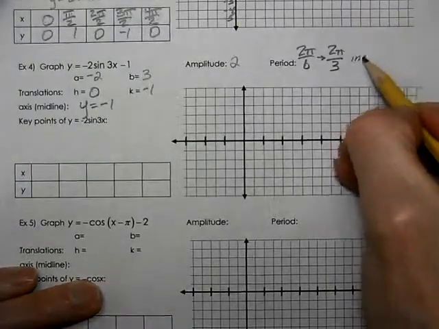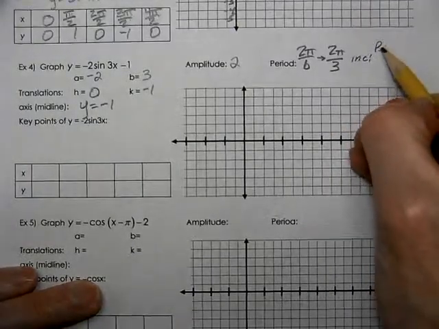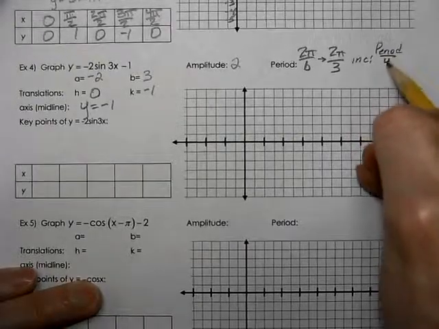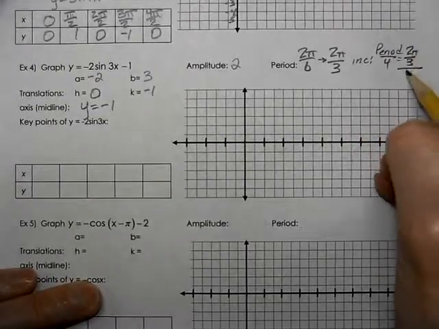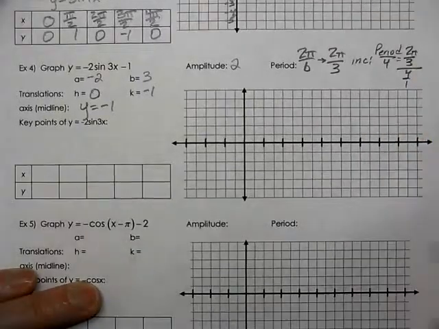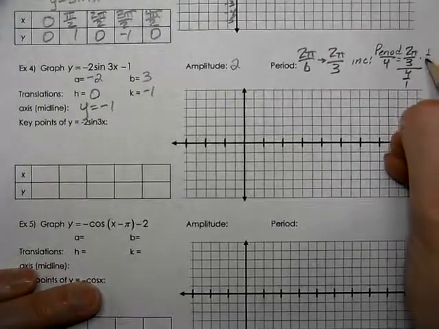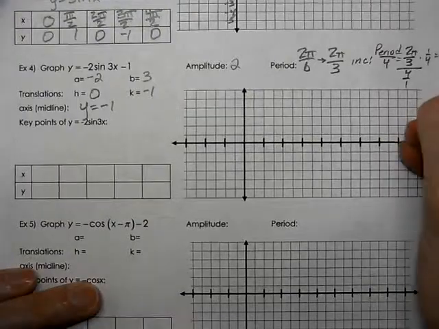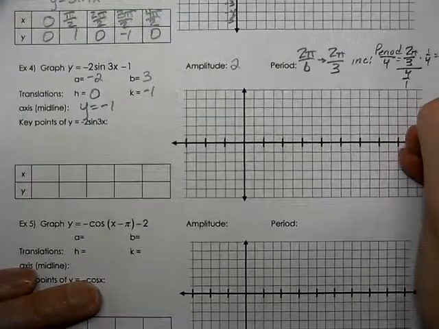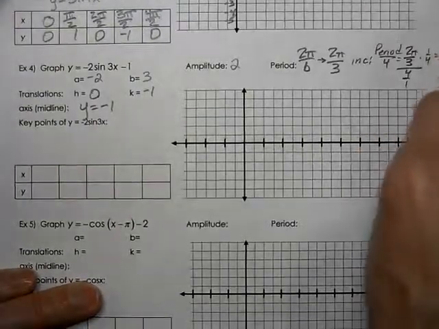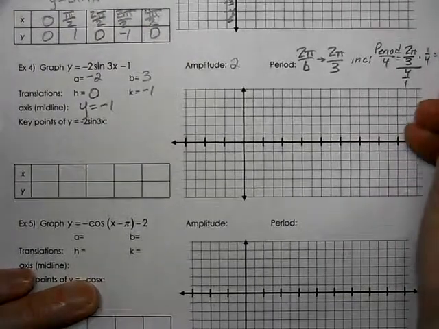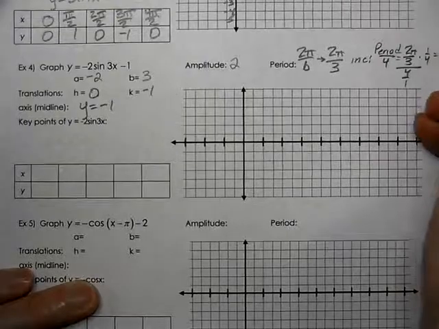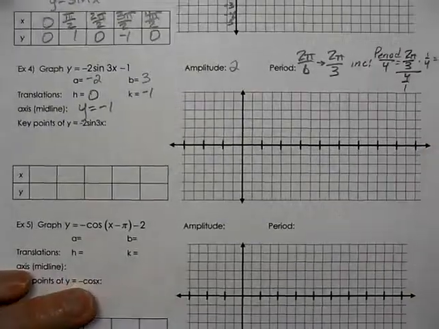So the increments are going to be the period divided by 4, which is 2 pi divided by 3 divided by 4. We can put that over 1, so we're going to times by the reciprocal. That gives us 2 pi over 12, which reduces to pi over 6.